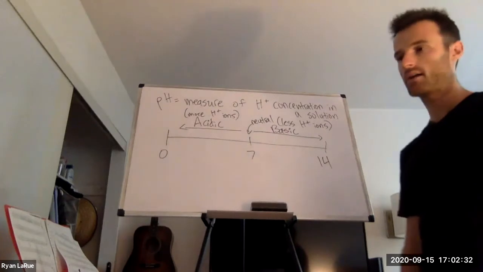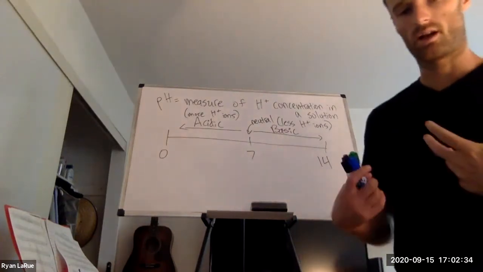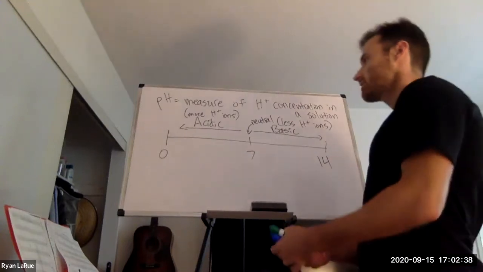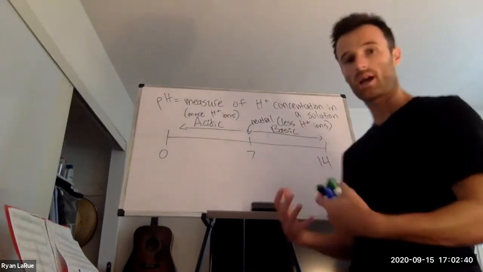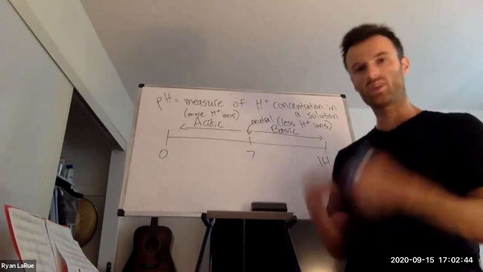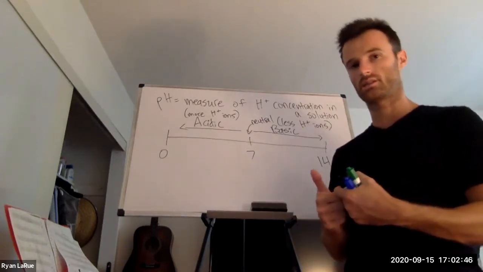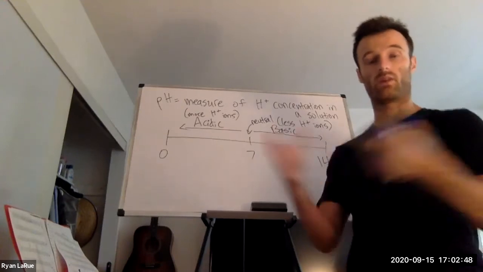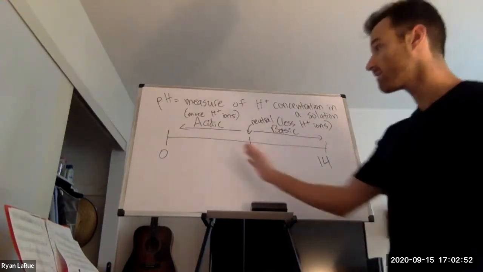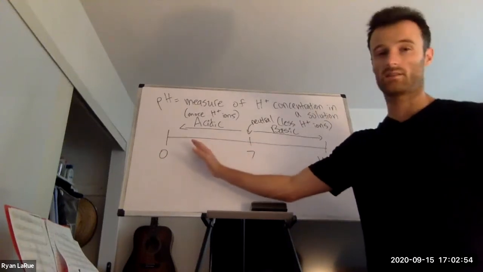So when we have a chemical substance or compound that is going to increase hydrogen ions in the solution, we call it an acid. It's going to increase hydrogen ion concentration when we add it in the overall solution. That would be considered an acid. And it's going to decrease pH of that solution.